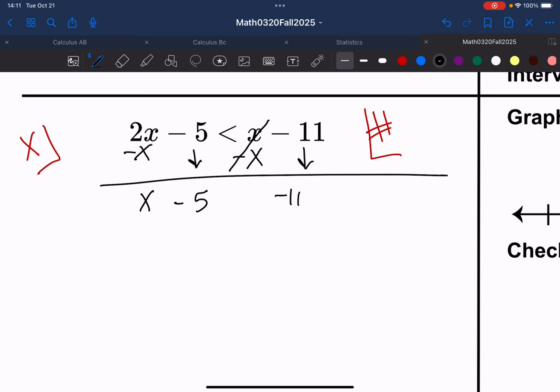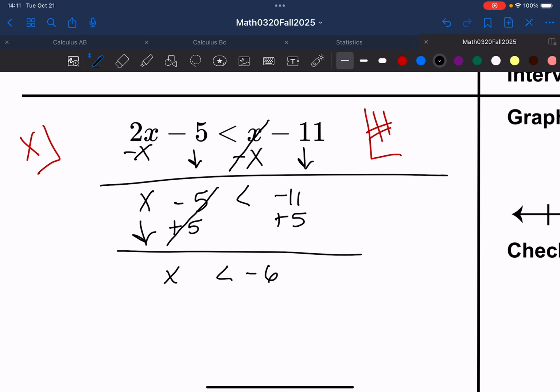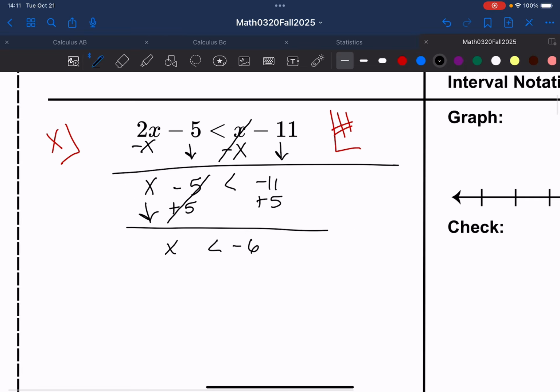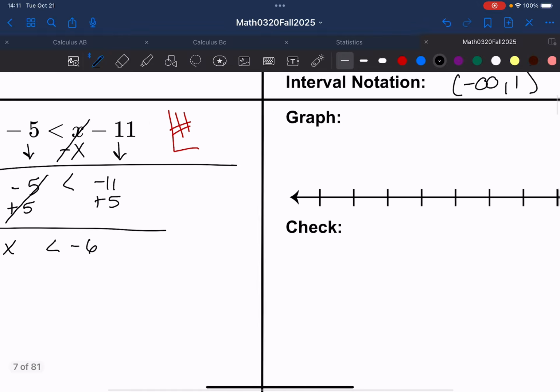Bring down negative 11 and also bring down my inequality. Then I'm going to add 5 to the other side, and this is going to give me x is less than negative 6. Because I bring down the x, my 5's cancel, and then negative 11 plus 5 is negative 6. Okay, so we're going to go ahead and graph it and then check.